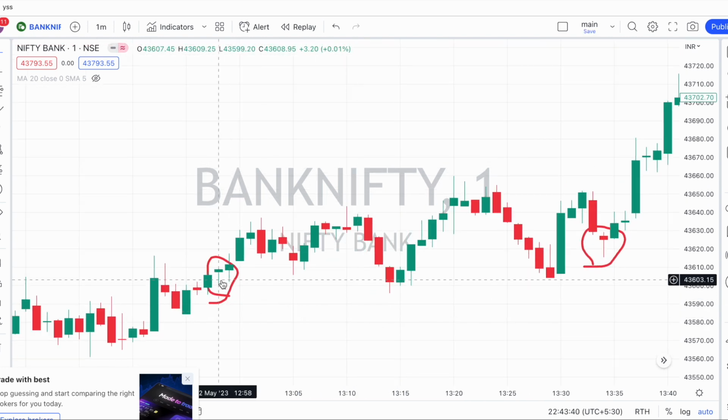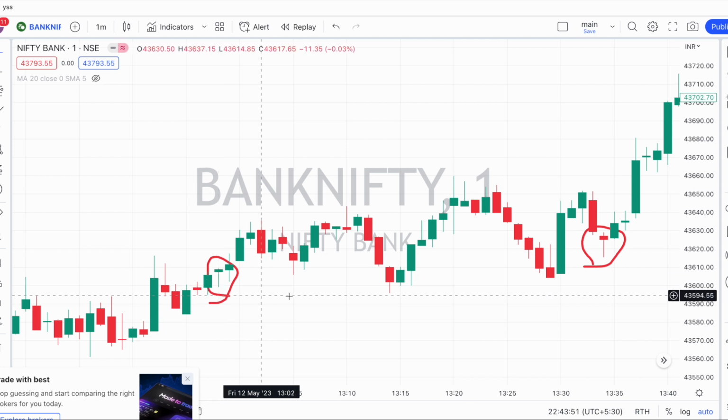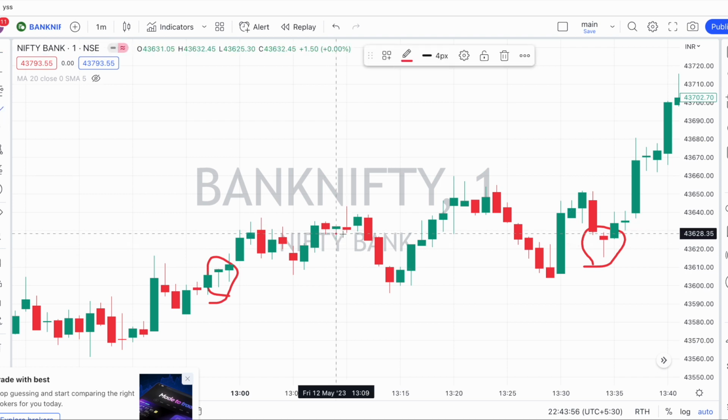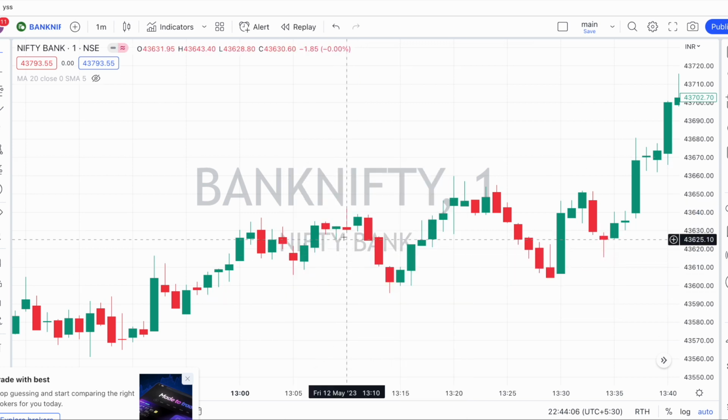Now vice versa, if the body of the candle is smaller than the wick of the candle and the wick is towards the upside, that is called a bearish pin bar. Now if you look at this, this is a bearish pin bar, right? And to the left, this is a bullish pin bar. I'll remove the drawing. So this is a bullish pin bar, this is a bearish pin bar.